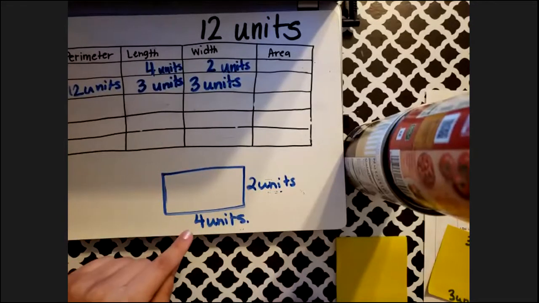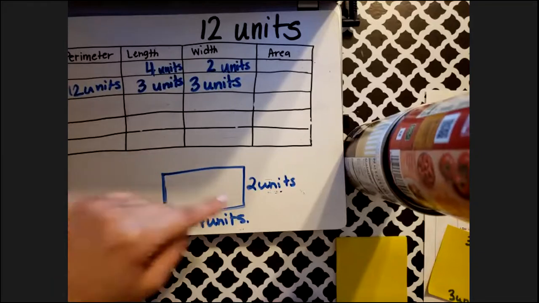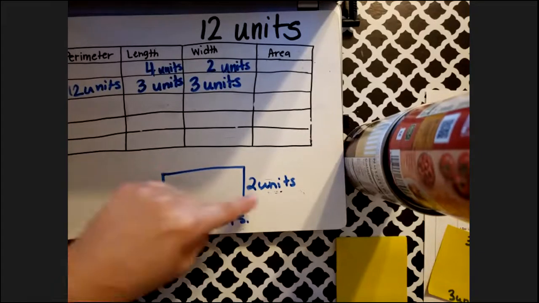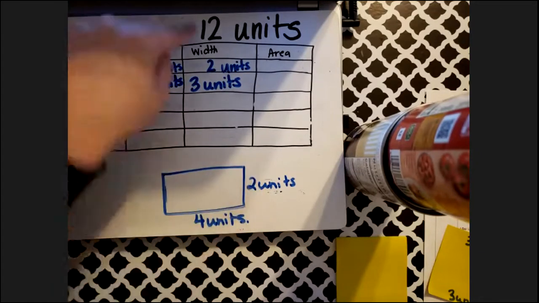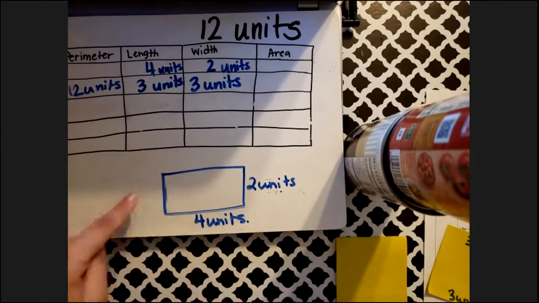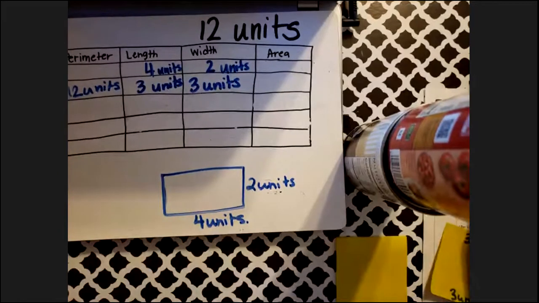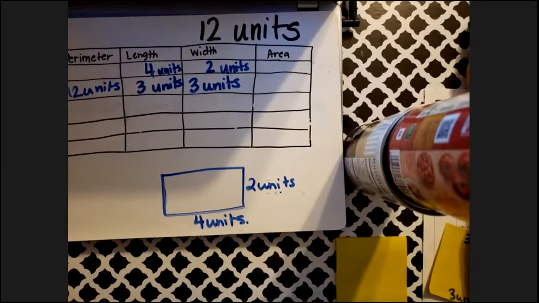So if we do 4 and 2, is our perimeter going to still be 12? We do 4 plus 2 plus 4 plus 2. What's that? JV, what happens if we have a length and width of 4 and 2, and we try to add them all together? What would our perimeter be?